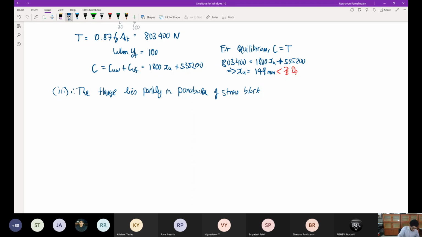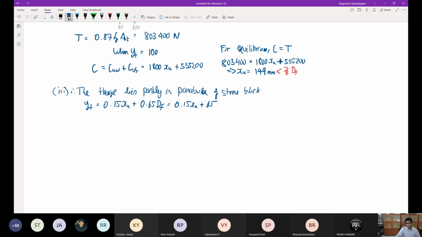Therefore, in this case my YF is given as 0.15 XU plus 0.65 DF, again 0.15 XU plus 0.65 times 100, which is 65. So you will have to use this and find out what you get.